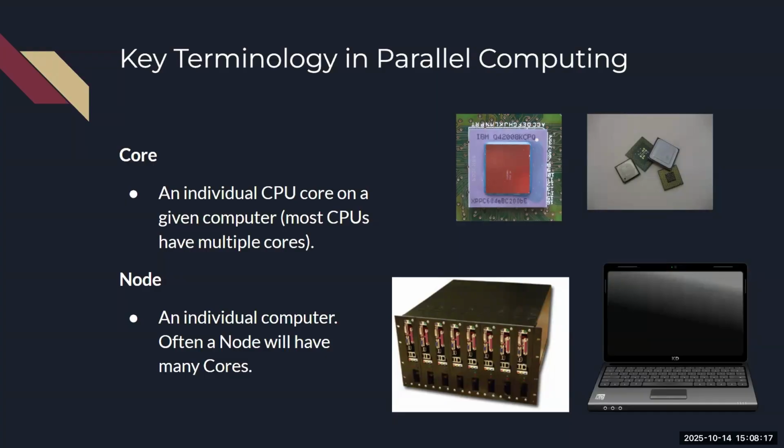For ease of explanation, we call our individual computers in a big supercomputer a node, right? And that node has multiple cores inside of it, right? So those are the two separate things on there. So you can think of the node as the computer and the cores as the processing units inside that computer.